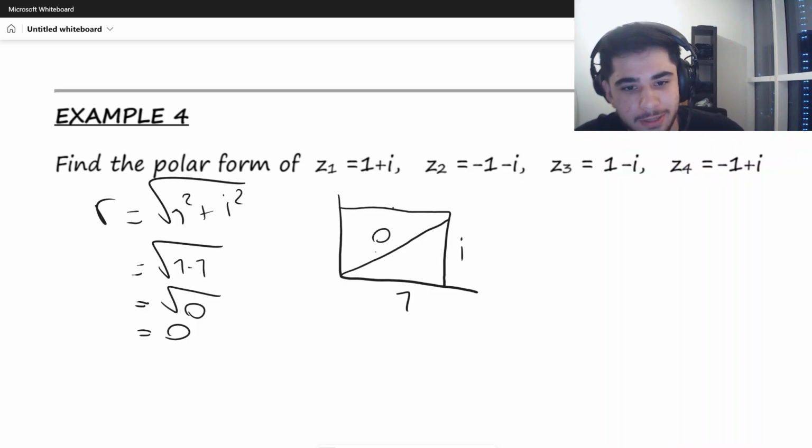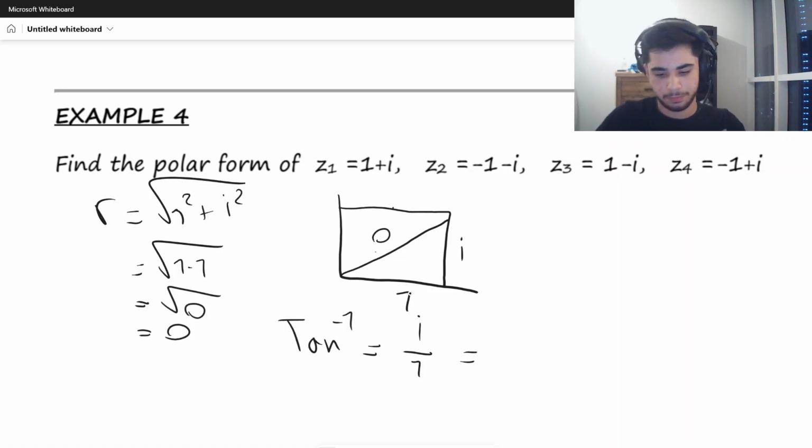All right, so we use tan minus 1 equals I over 1, which is, am I missing something?